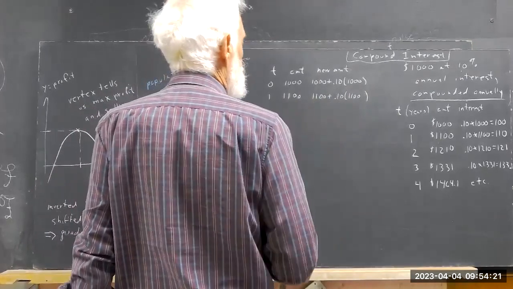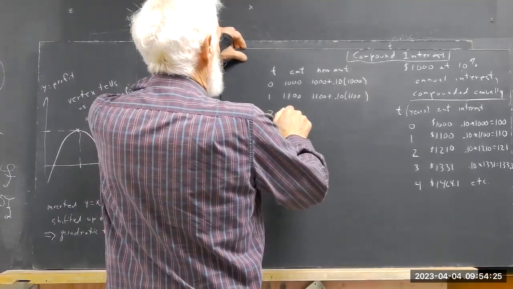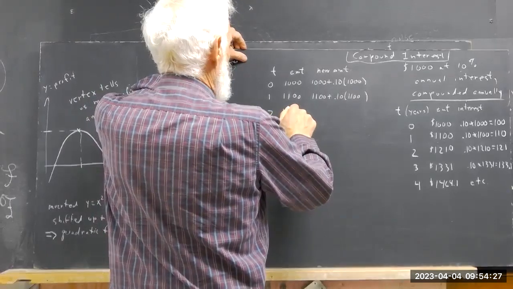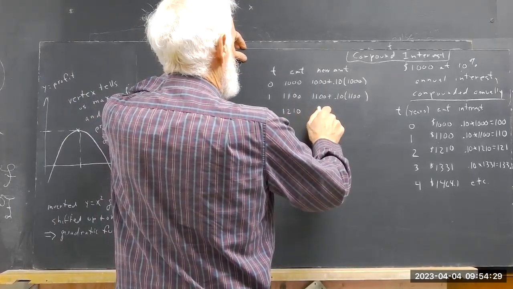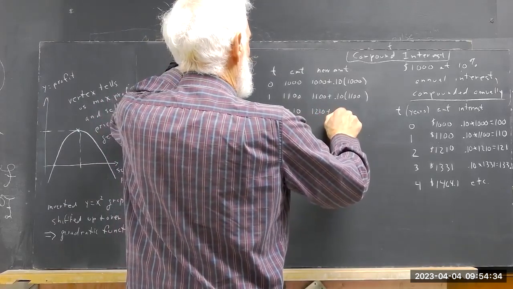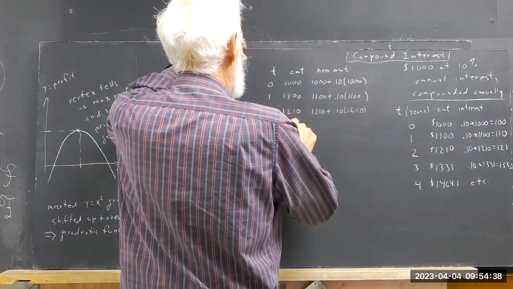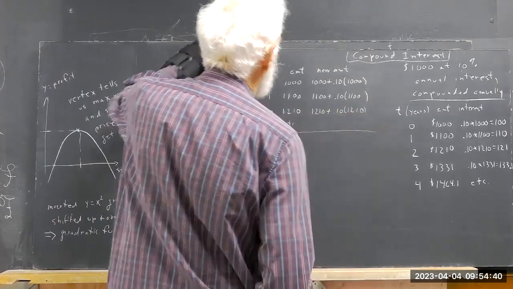That's 1,100 plus 0.10 times 1,100. So in the second year, that's going to give me 1210. And then it's 1210 plus 0.10 times 1210.